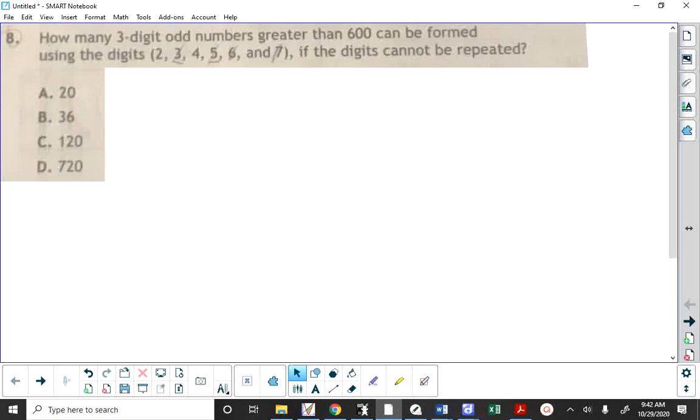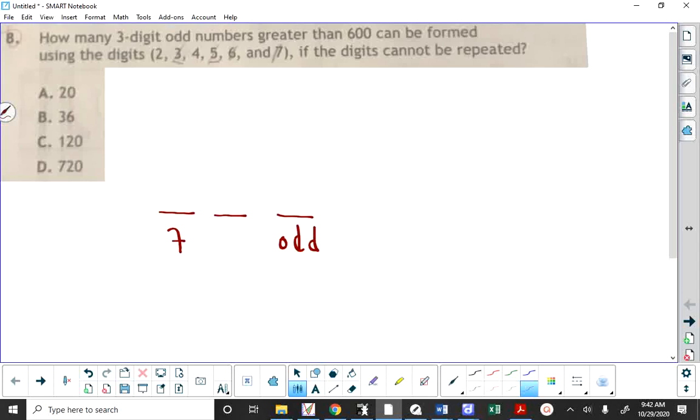the end. So for example, if we have a 3-digit number that's in the 700s, then the number of odd digits that we can put in the third place to make the number odd is only 2, because we're using a 7 in the first place, which would only leave a 3 or a 5 in the final place.